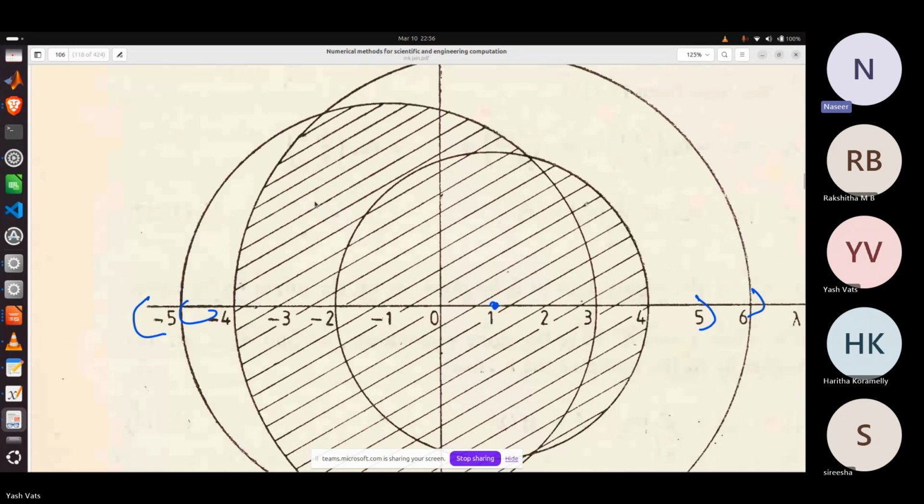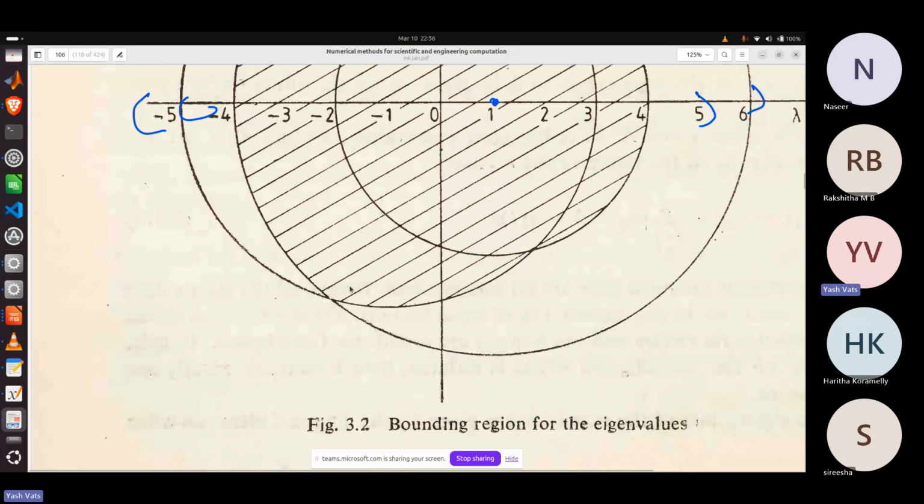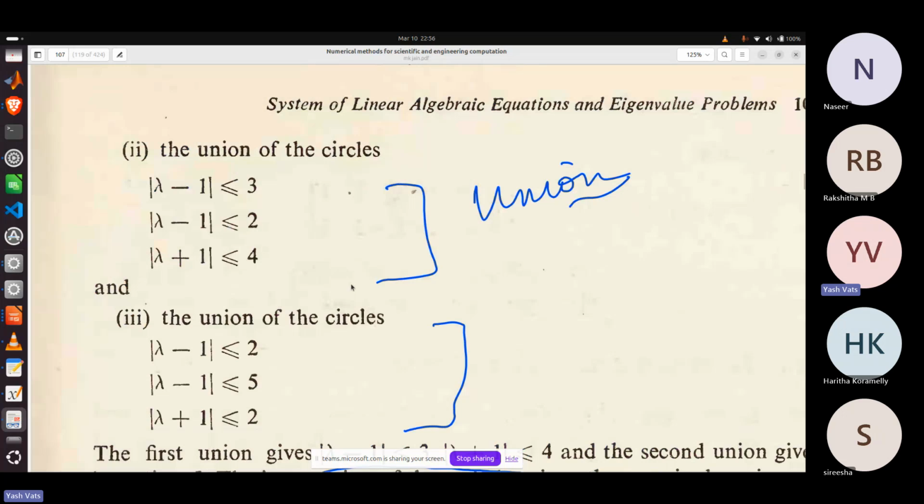Then when you go with the circle, you're getting these things, the union of the circles. Which is the third one, sir? The third one is the union. How do we get that?